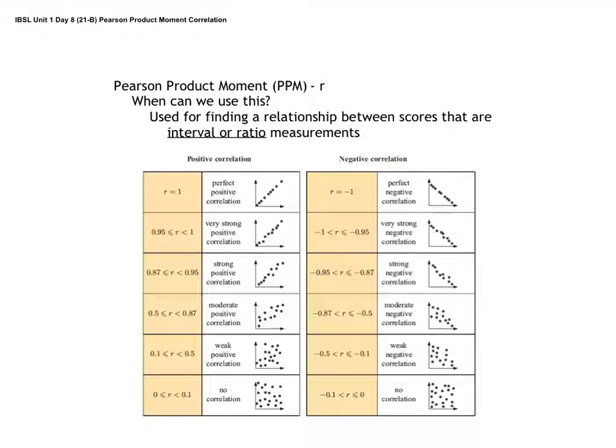And our book even gives us some general guidelines as to what really defines a strong or very strong or moderate. But the fact of the matter is, we can't really say whether these things are significant unless we consider a few other things. One of those being, how many data points are we getting?